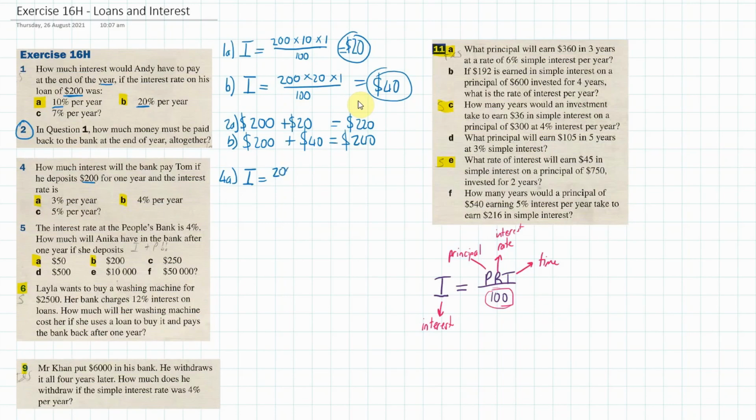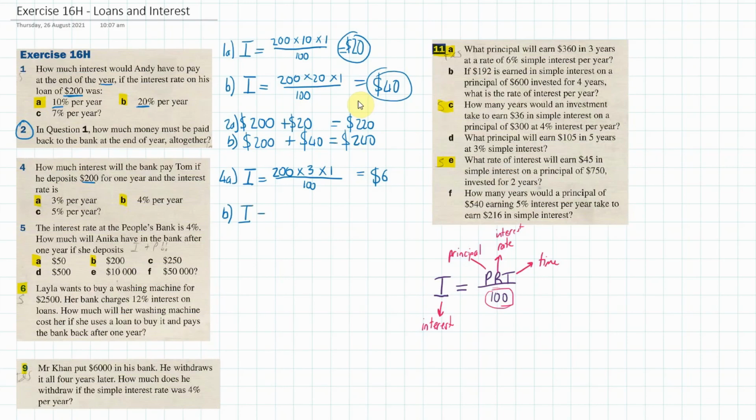He deposits $200. He's getting a measly 3% interest, and he's only doing it for 1 year. So when we pop this into our calculator or our head, you can see that he's going to get $6 of interest.